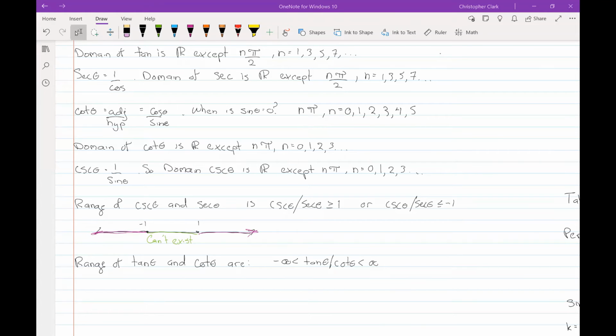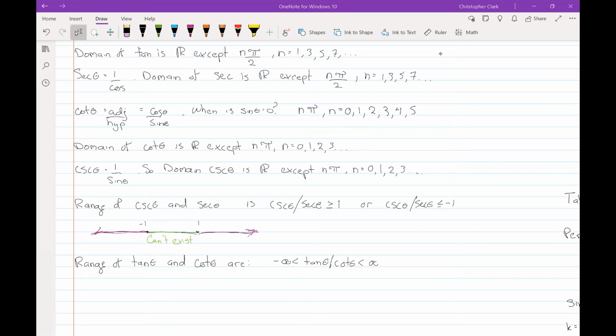In the case of tangent and cotangent, you've got something varying between -1 and 0 and 0 and 1 divided by something else varying between -1 and 0 and 0 and 1.